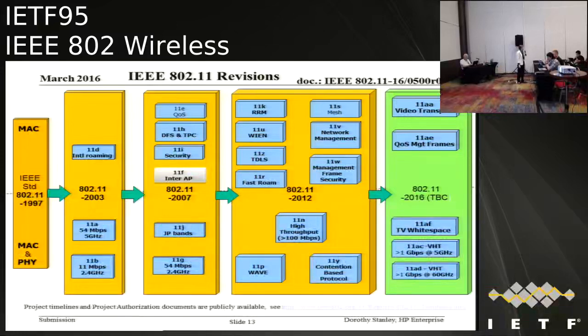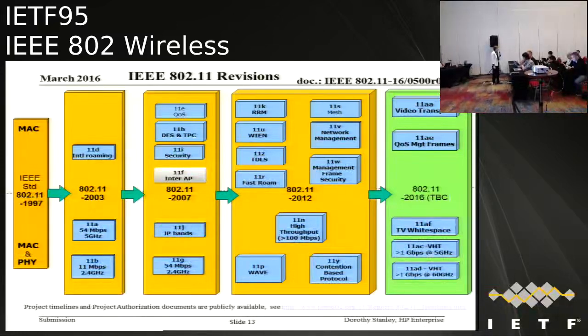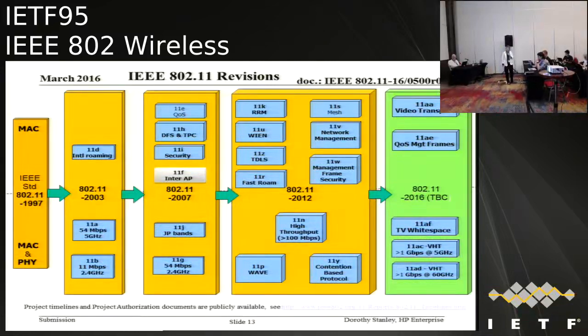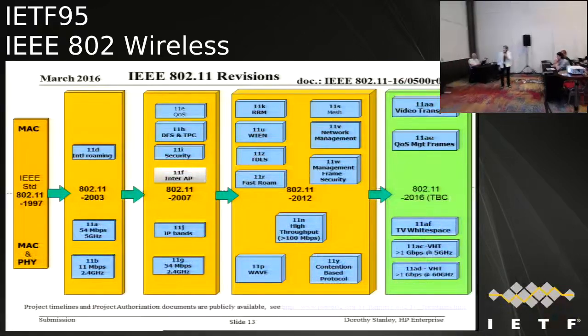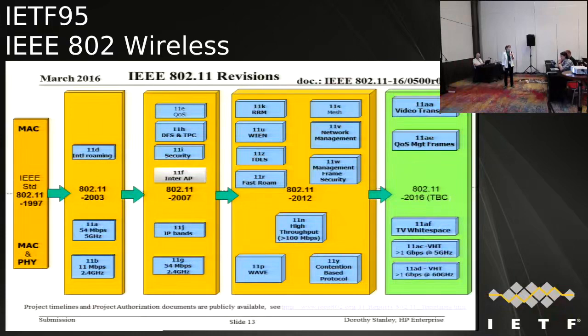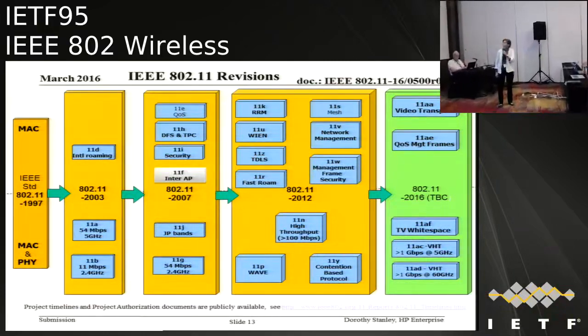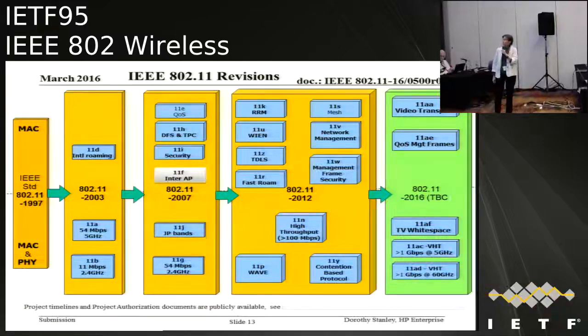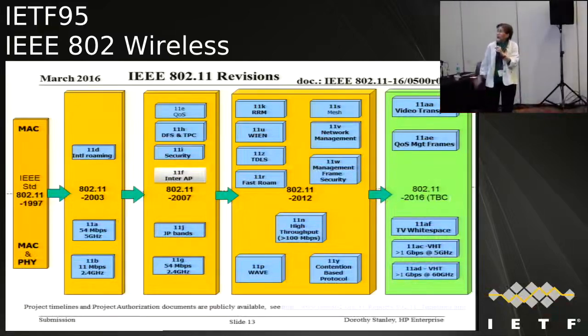Because coming into 2012, we added, you can count here, 10 additional amendments to the draft, notably 11K radio resource measurement, 11U interworking between external networks, 11Z TDLS, which is a tunneled direct link protocol, fast roaming, 11R, and you can read the others along the side there.